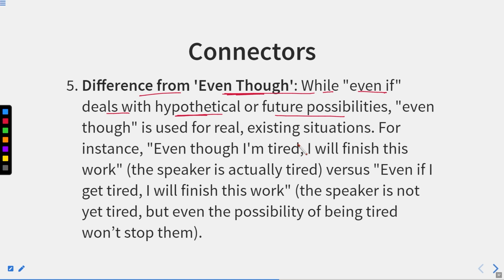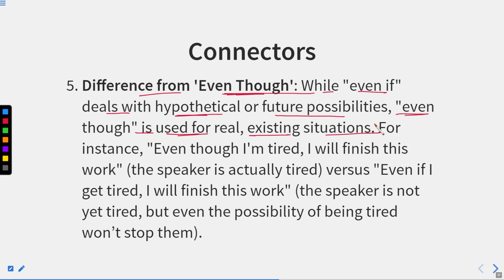It provides us the information of a hypothetical situation or some future event that can occur. Even though is used for real existing situations. Now there are two things. If I say even if it rains, it means I'm predicting something: if it happens, I will still be going.